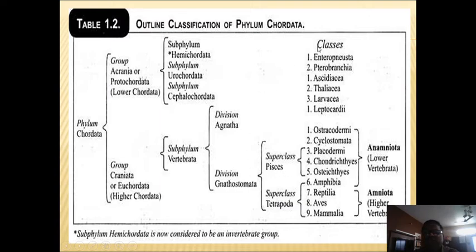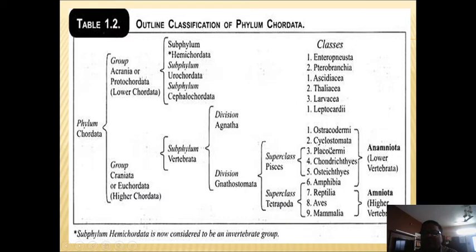Now we have to study all these in detail. These fishes are divided into placodermi, ostracodermi, cyclostomata, chondrichthyes, and osteichthyes. The placodermi and ostracodermi are extinct animals.